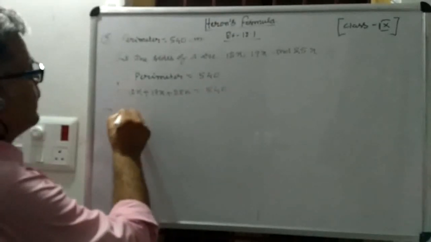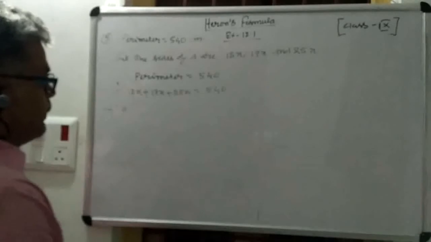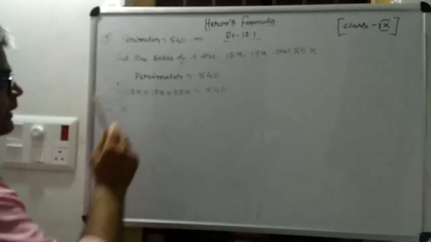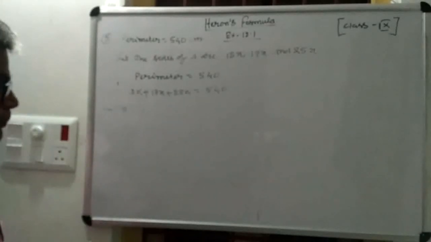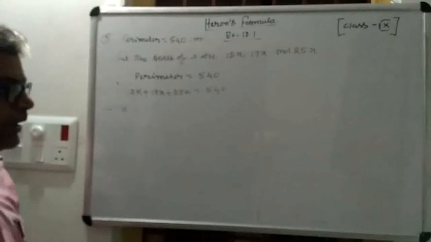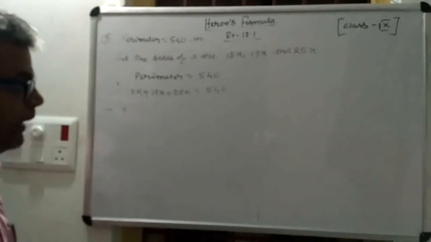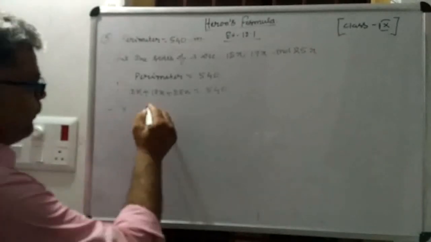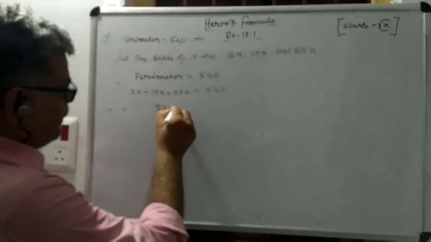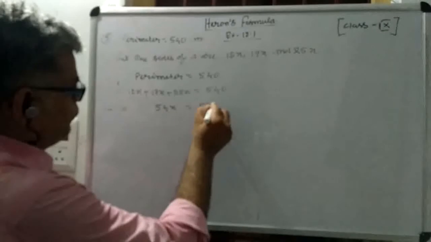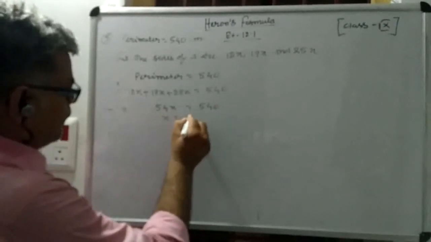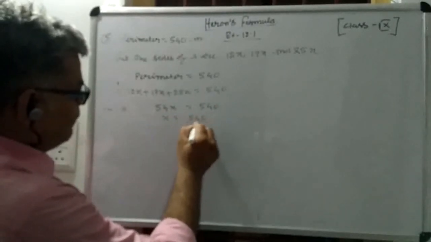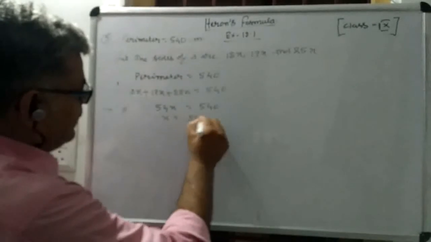When you add together, 12 plus 17 will be 29. 29 plus 25, that is 54. So we have 54x equals 540. So x equals 540 by 54, which is 10.